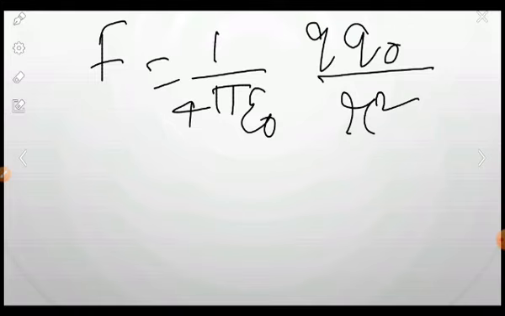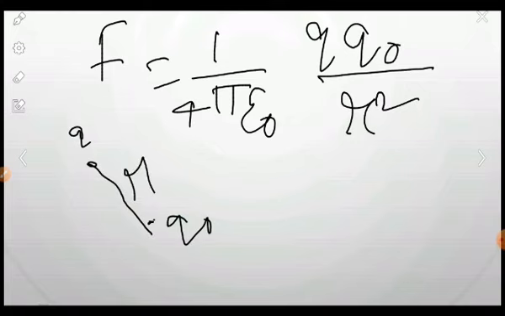Now, this is the Q, and Q naught is here inside the field. This is R, the distance between the two charges.